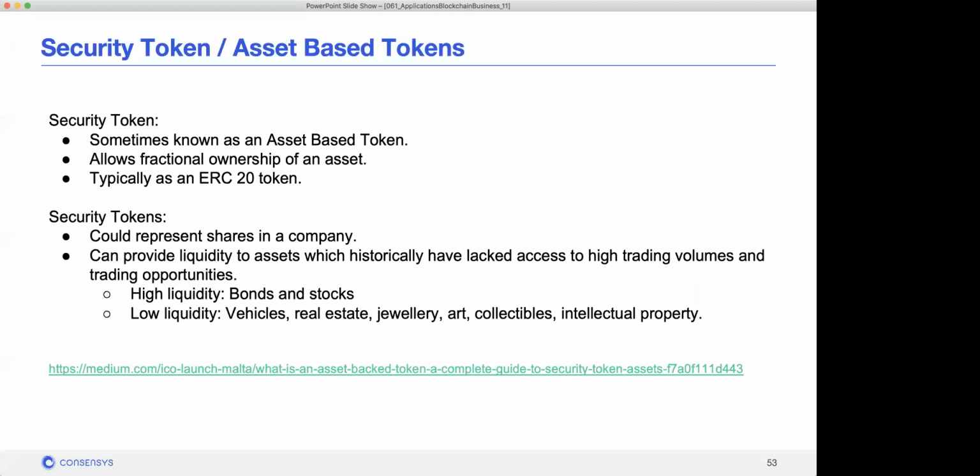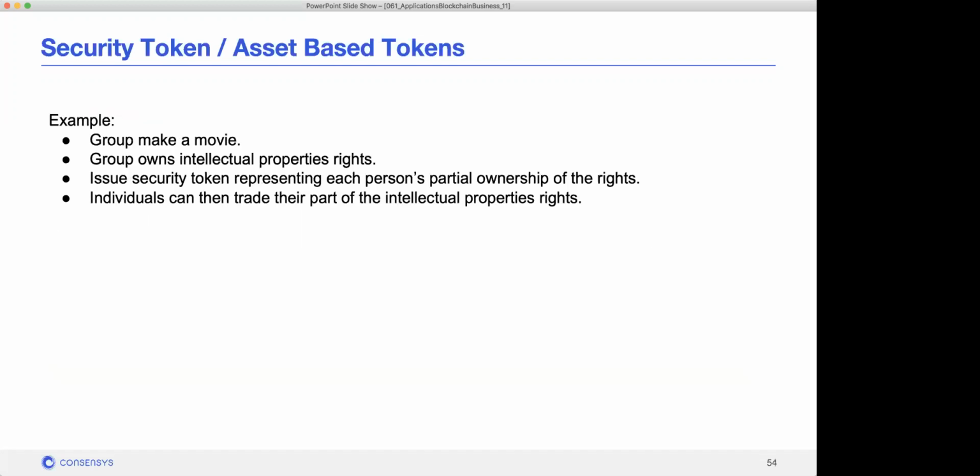You can think of high liquidity assets being, say, bonds or stocks, whereas low liquidity assets could be, say, artwork or jewelry. If you can tokenize a piece of jewelry and allow multiple people to own it and trade it as an ERC20, then you're essentially providing liquidity to it. That is what a security token, or an asset-based token, is.